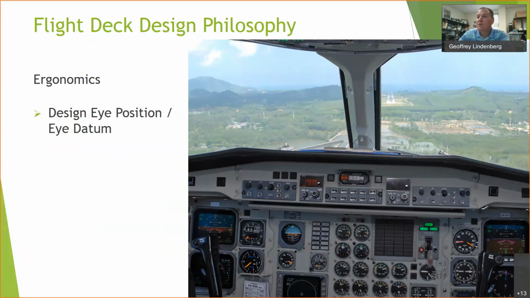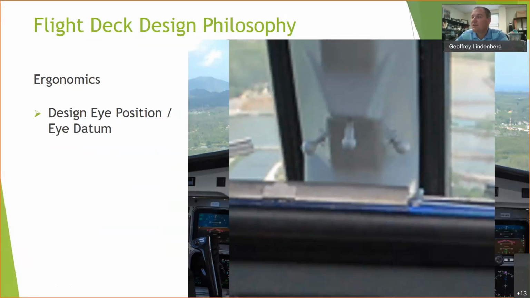So when you get into an aircraft, you look for the eye datum. So this little set of the three balls right here are used to figure out if you're sitting in the right spot. And so what happens is, if you are sitting in the captain's seat or the pilot seat, the left seat, when your head is in a proper spot, if you look at this front ball right here, this one should be right behind it.